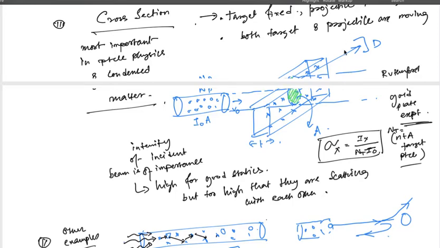So one of the most important quantities, as I said, is this cross section, and the cross section can be defined as the intensity detected at the detector D, which is I_x, divided by the flux of particles that is falling on it, which is n_t I0, where n_t is the number of target particles it is hitting. n_t is n times T times A: n is the density of these particles in this block, T is the thickness, A is the area.